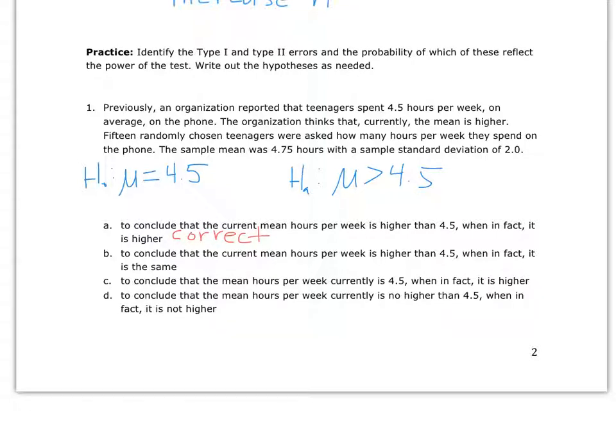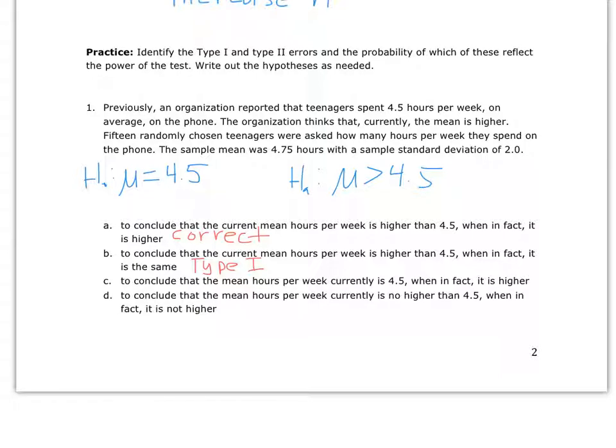So we're rejecting the null hypothesis when it's actually true, when the mean actually is 4.5. Okay, so look back at your notes. Which kind of error is that? Well, hopefully you're concluding that that is a type 1 error.